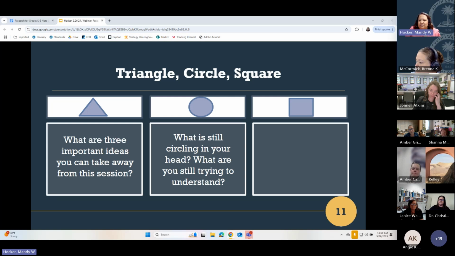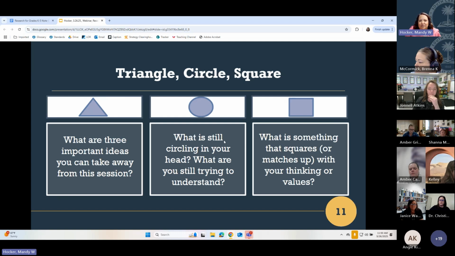What are you still trying to understand, or what are you still trying to make sense of relating to research at the elementary level? And then for square, what is something that was presented today or explored in your time in breakouts today that squares up or matches up with your thinking and values regarding research in our elementary students? Go ahead and reflect on your note catcher and drop one of your responses into the chat.